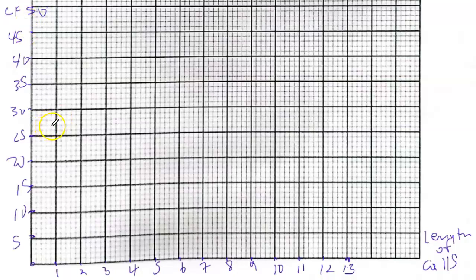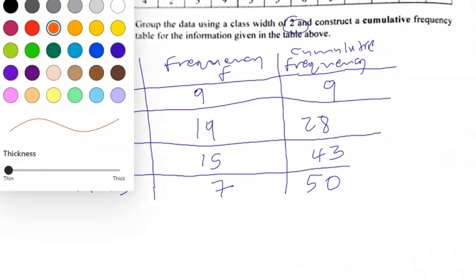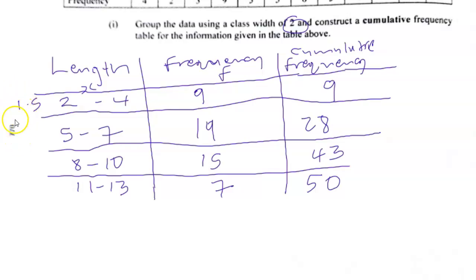So when we're doing the curve, remember it's the upper boundary against the cumulative frequency. So we want to rewrite these values. So this is 2, subtract .5, that's 1.5. Add .5, that's 4.5.